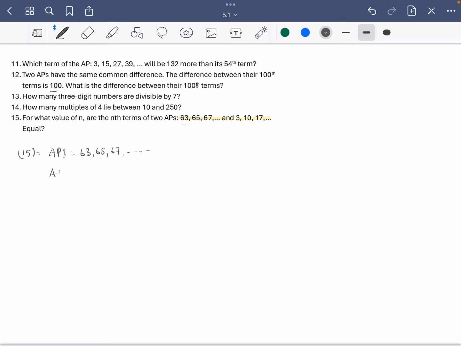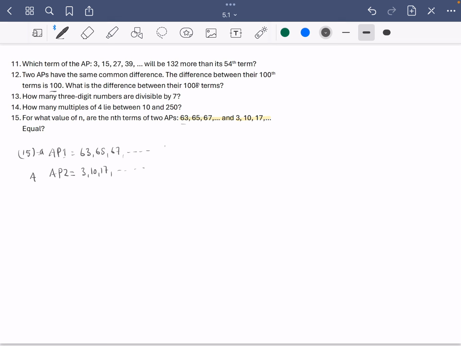And for the second AP, we'll use the same notation, a for here and lowercase a here. AP2 is 3, 10, 17 and so on.